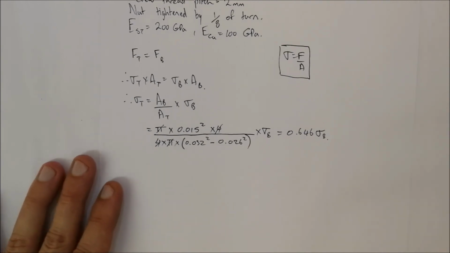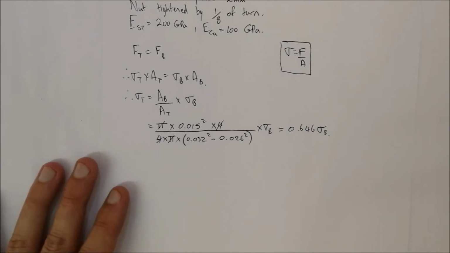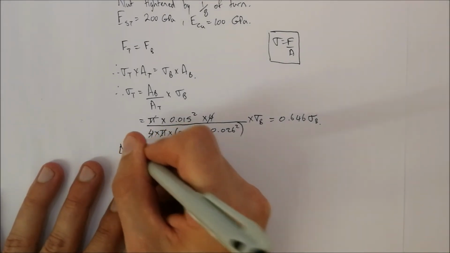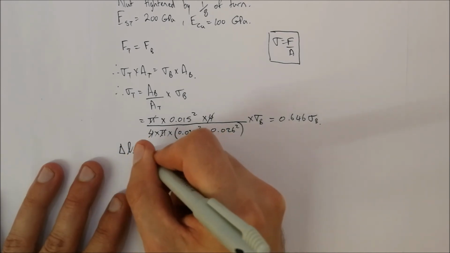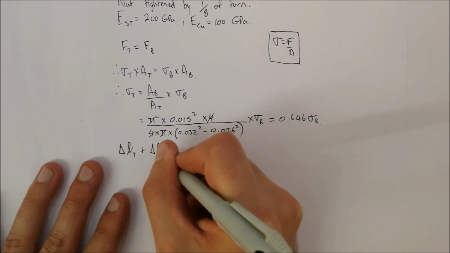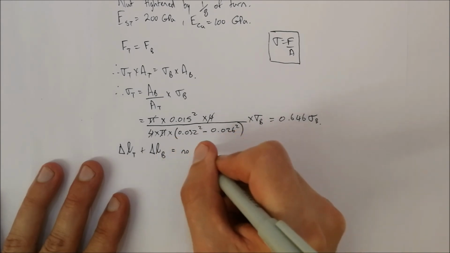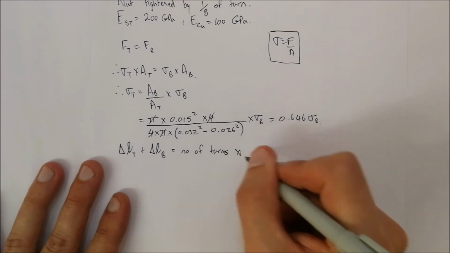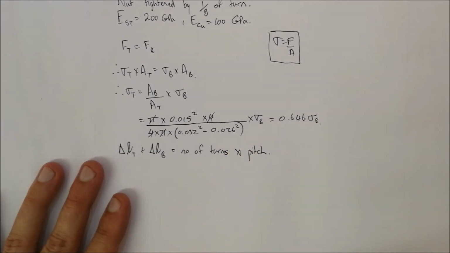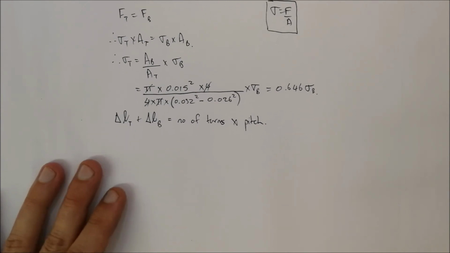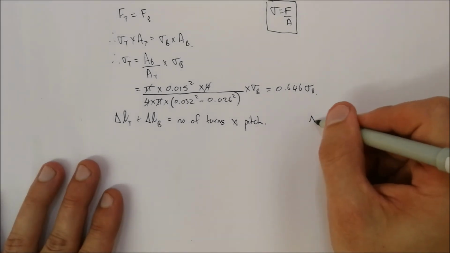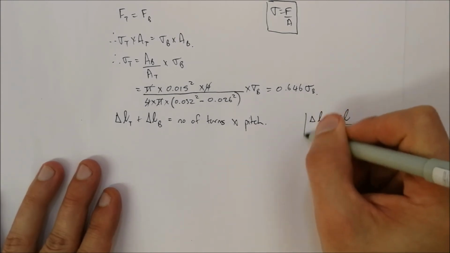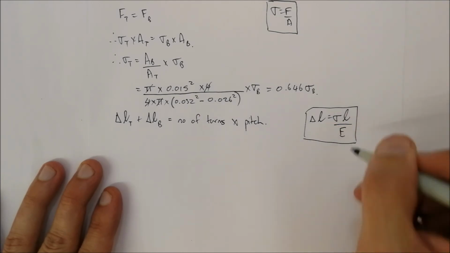Okay, now let's have a look at another equation that we have been mentioning. The change in length of the tube plus the change in length of the bolt is equal to number of turns multiplied by pitch. Okay, so remember, change in length is equal to stress times length over E. So we can use that same equation.